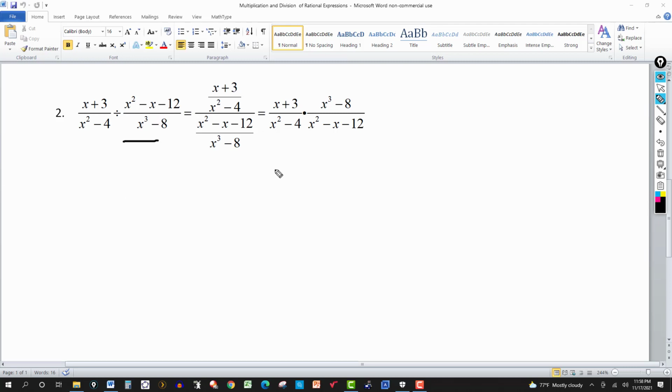And there you have it. Then it becomes just like number 1. We factor the numerators, factor the denominators, and then cancel like factors. So the first fraction, the x plus 3, is already isolated. There's nothing I can do with that one, so I just write that as x plus 3.